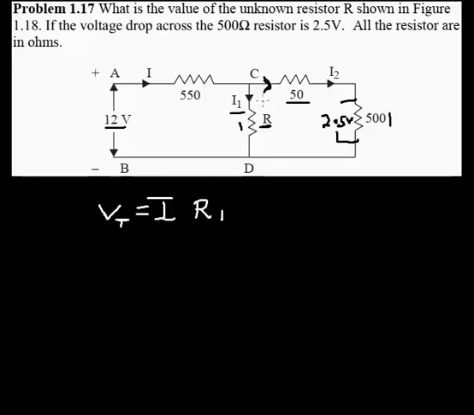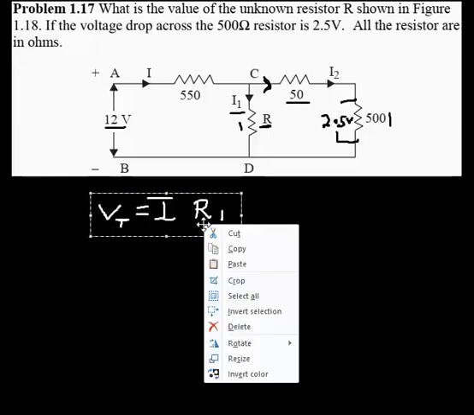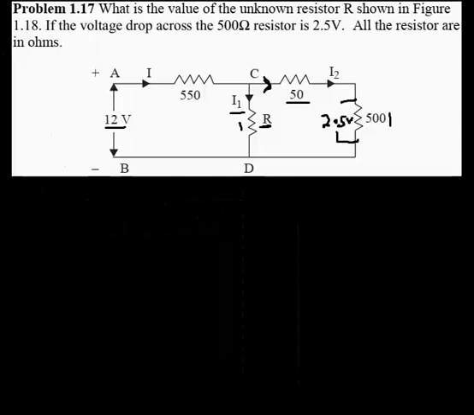So let's do that. How do I get that done? The very first thing I'm going to do is get the current I2 across branch 2.